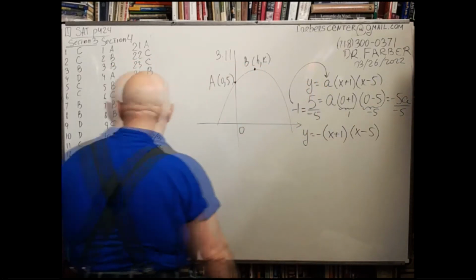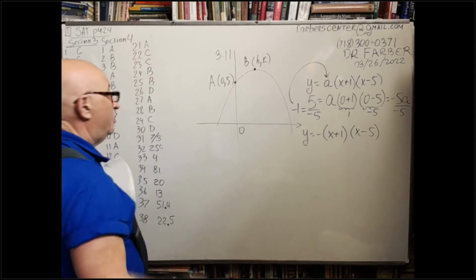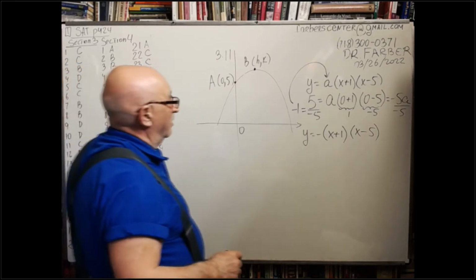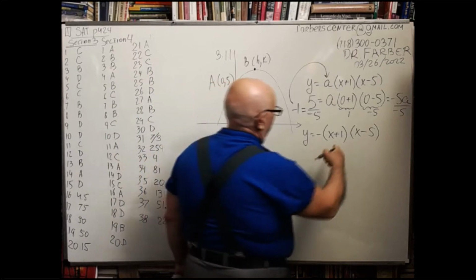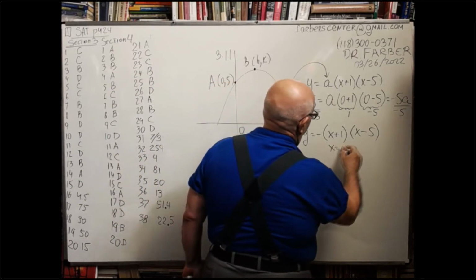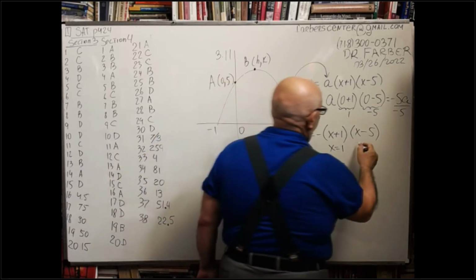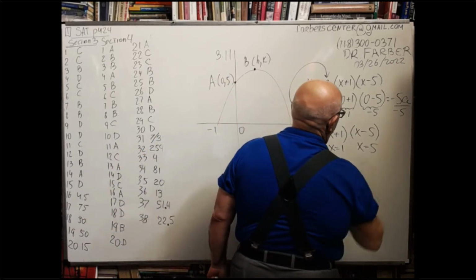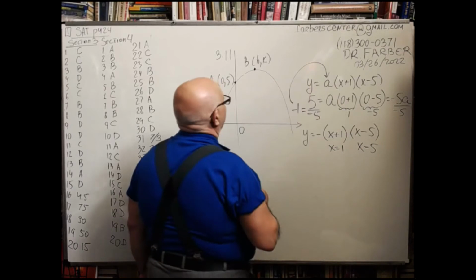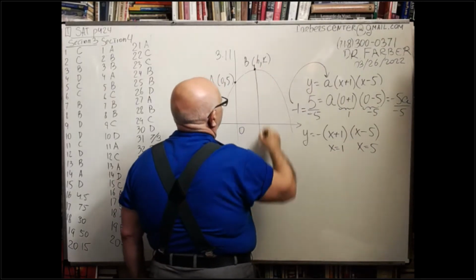And you see it goes downward. And y equals 0 when either x equals minus 1, or x equals 5. You know, a parabola is symmetrical. You can find the midpoint.